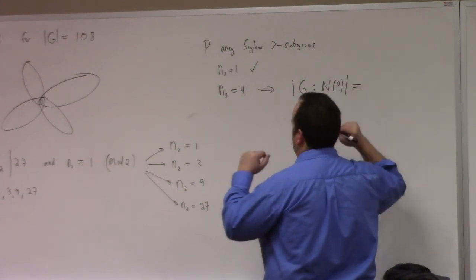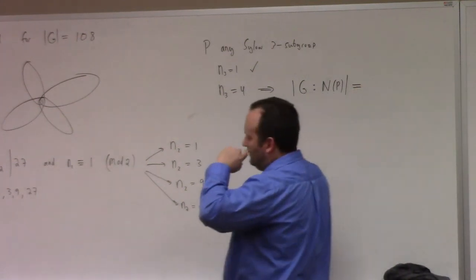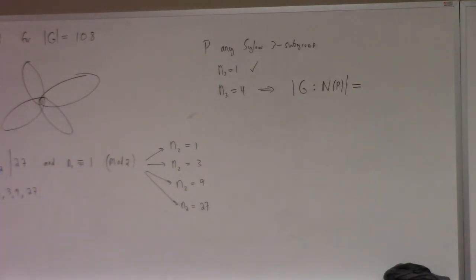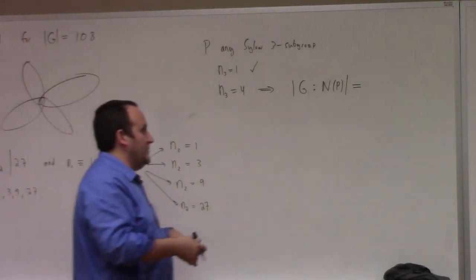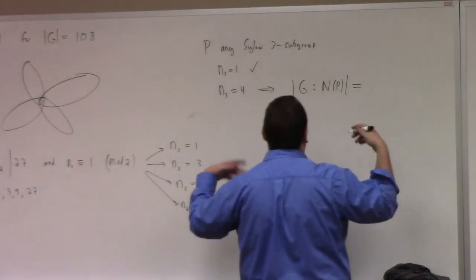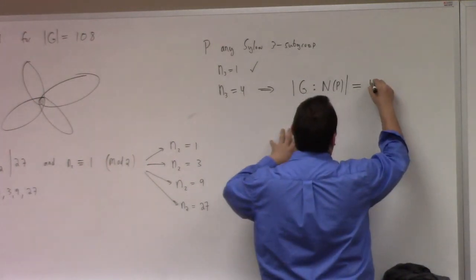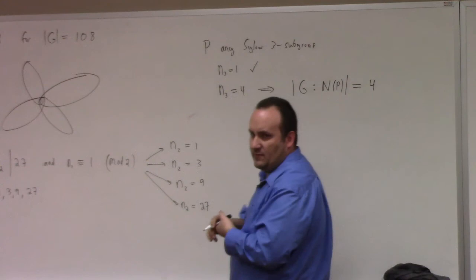Is that 4 because of Sylow's third theorem? Yeah, that's part 3 of Sylow's third theorem, that the number of Sylow P subgroups is the index of the normalizer of P. So this is 4. So what does that tell us?